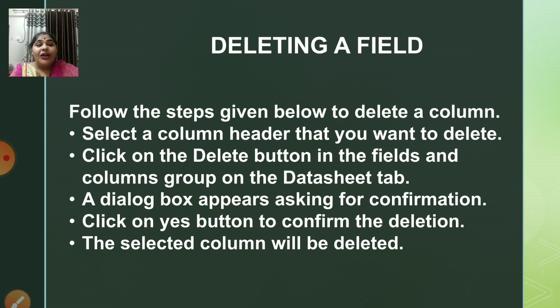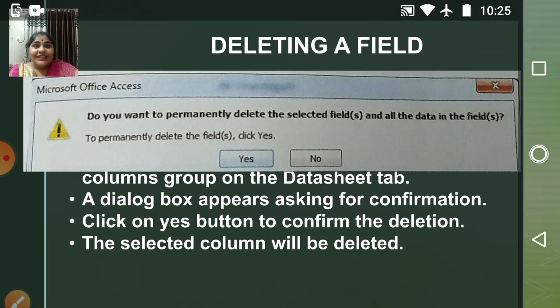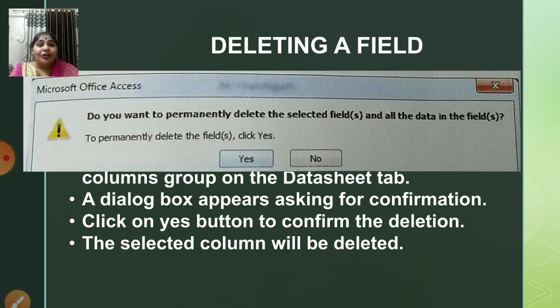A dialog box appears asking for confirmation. So as soon as you click on that delete button, children, such a confirmation will appear on your screen, asking do you want to permanently delete the selected fields and all the data in the fields. To permanently delete the fields, click yes.